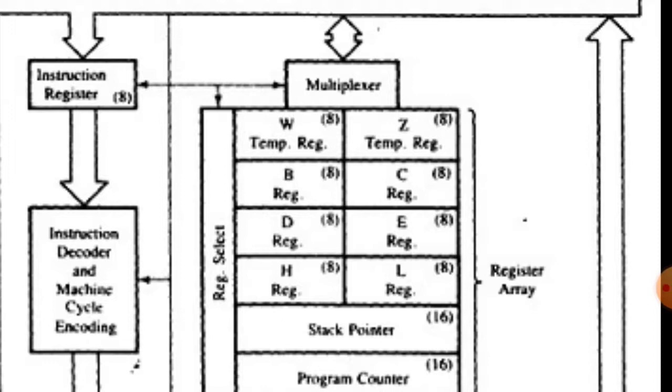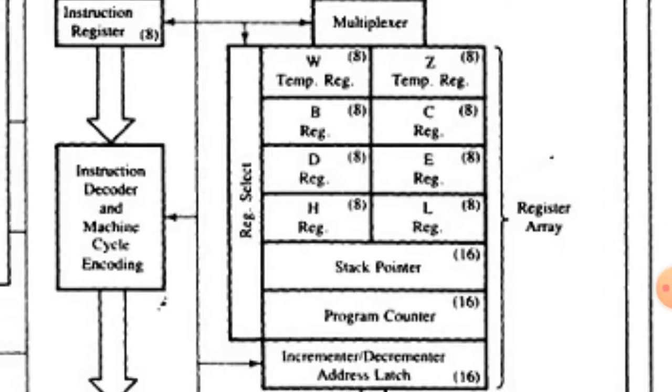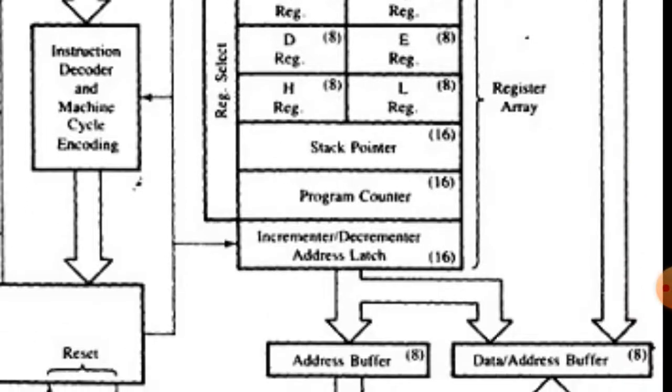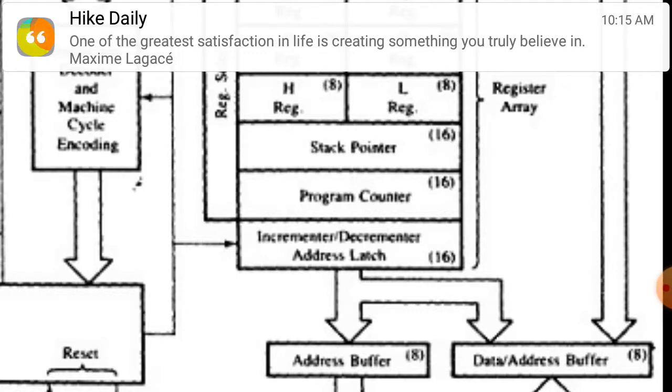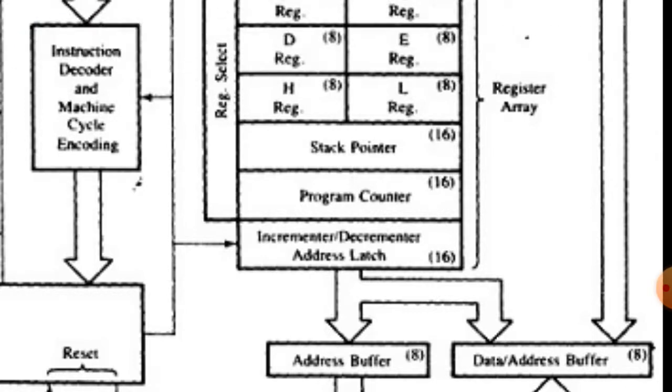Now the next is the program counter. You can see beneath the program counter. It is a 16-bit register used to store the memory address location of the next instruction to be executed. It gives you the location of the next instruction.